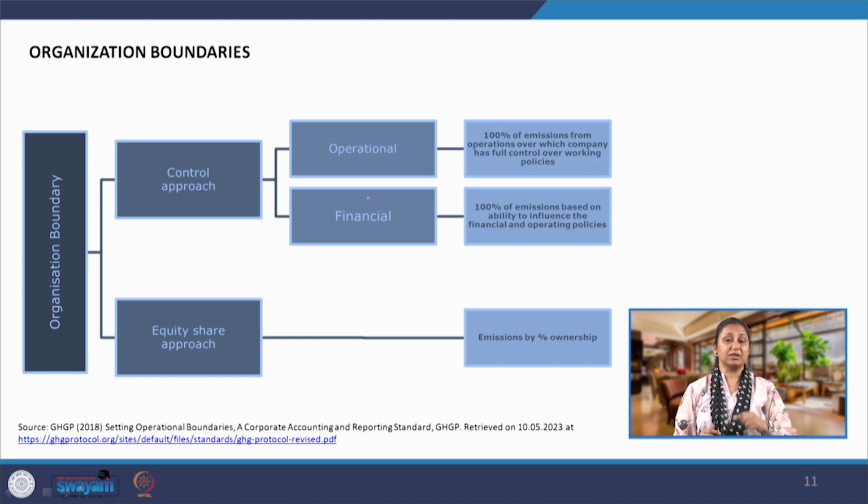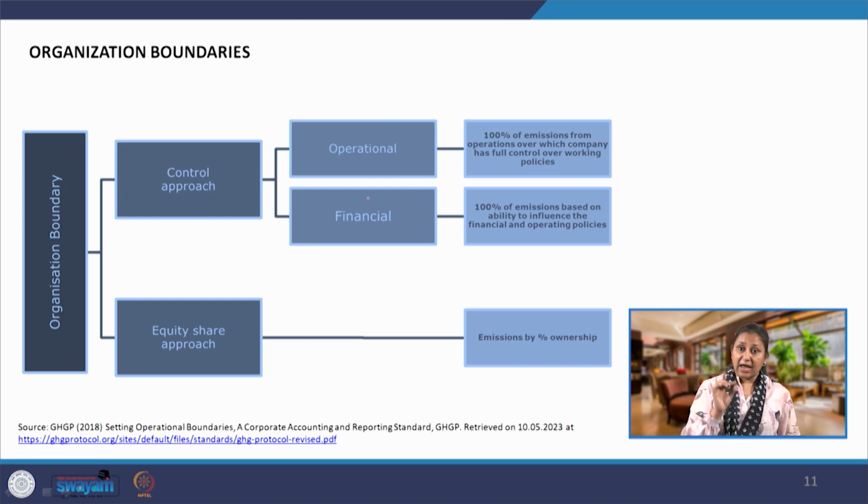But when it comes to financial control, I might have an agreement with the company saying that for the next 3 years, the smaller vendor is going to manufacture this particular part only for my automobile company, and I will be controlling its financial operations, because I have signed this MOU that he can make parts only for my company and no other company for this duration.